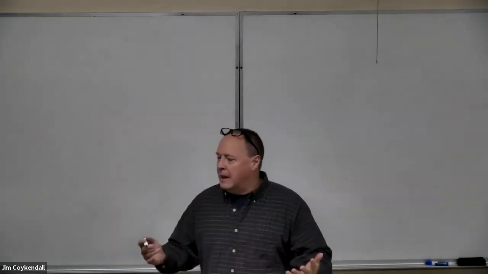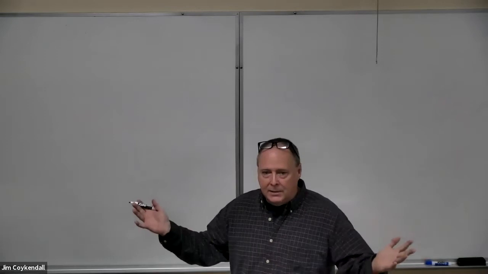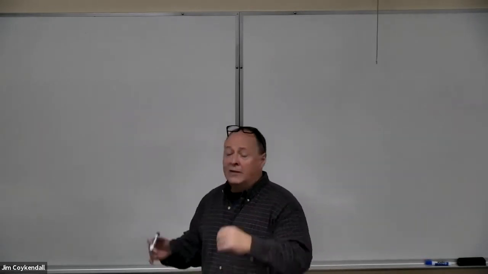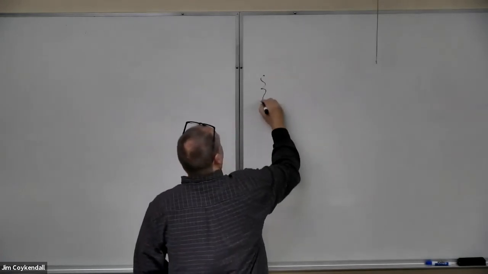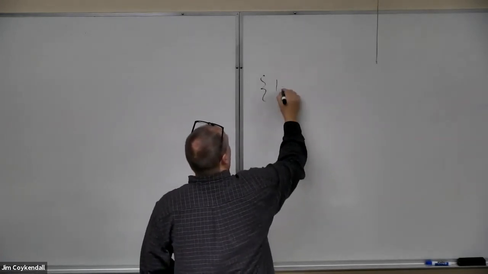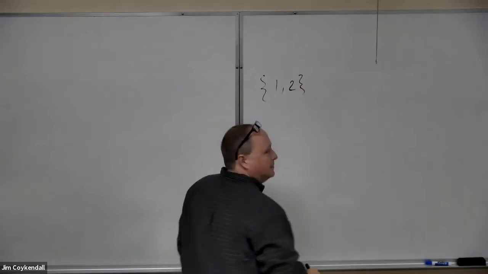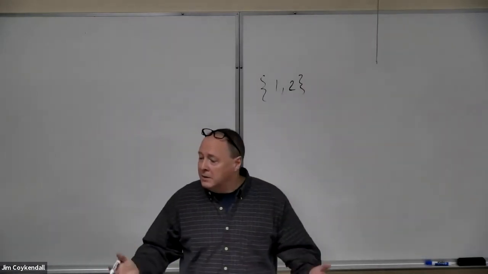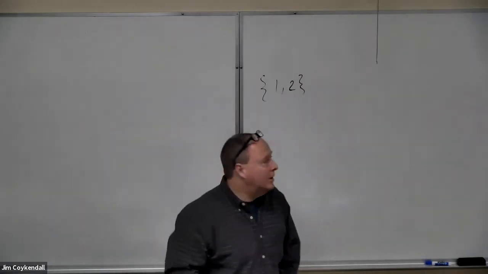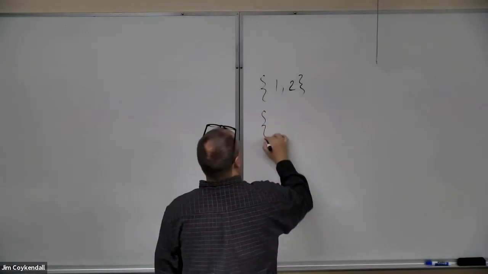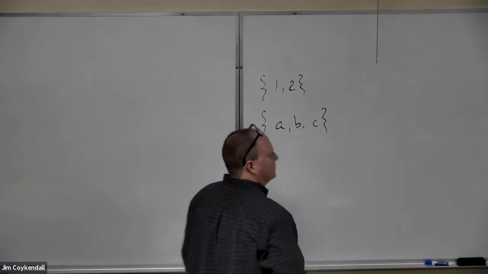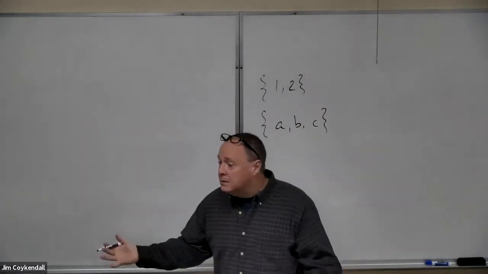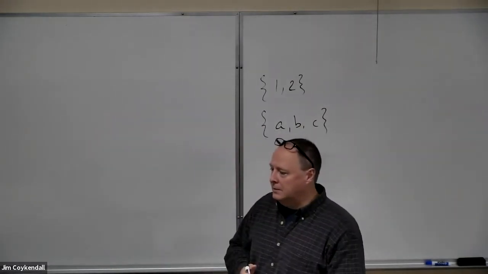What if I could somehow collect every set that is conceivable that has at least 2 things in it? All right, so here's one of them, the set {1, 2}. I think we could agree that that's a set with at least 2 things in it. And how about the set {A, B, C}? That's a set with at least 2 things in it.